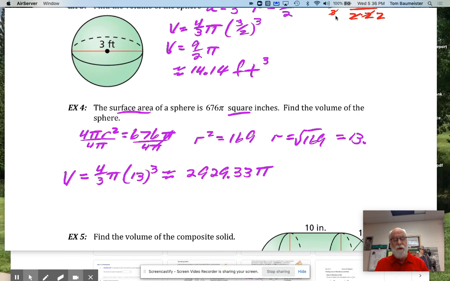Again, if they want me to leave it in terms of pi, it's okay if there's a decimal in front. I've never said you couldn't have one. And then again, if I plugged in pi in the calculator, I would get 9,202.77. And let's see, we're in inches. So again, since it's volume, I'm going to say it's inches cubed.